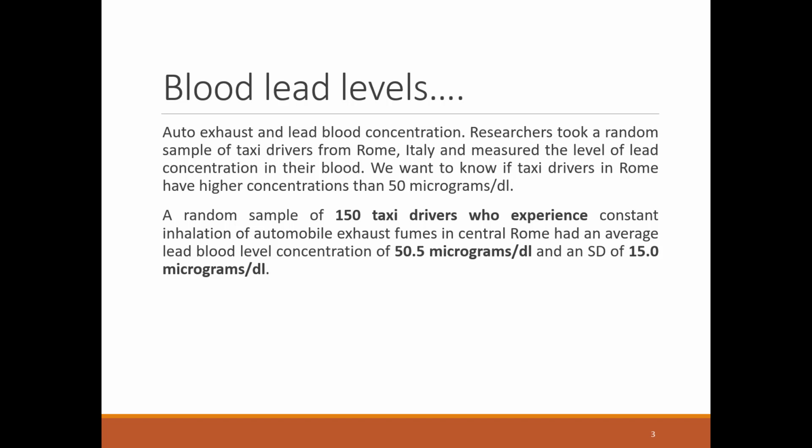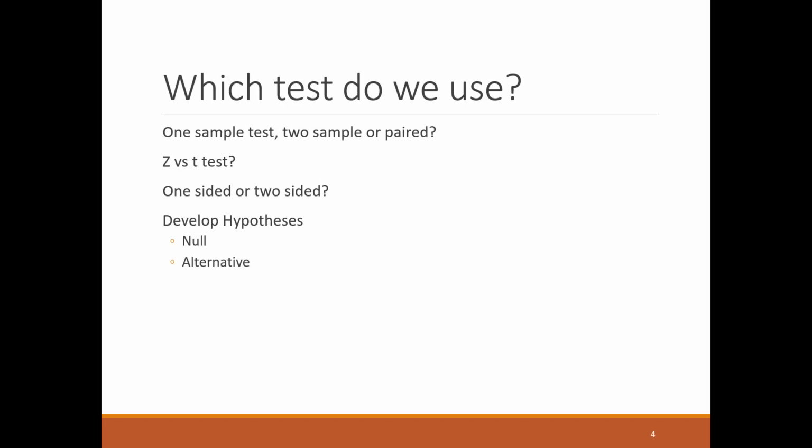So please feel free to stop the video now and write down what the problem presents. In particular, I'd like you to think about whether or not a one sample test, a two sample test, or a paired test makes sense in this context. Will we use a Z or a T test, and why? Should we use a one-sided or a two-sided test, and why?